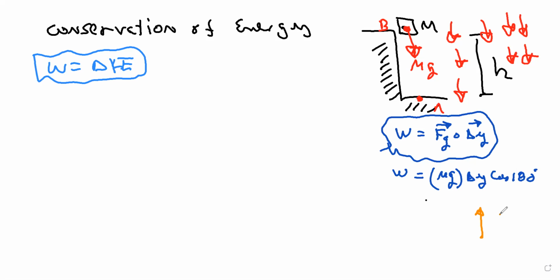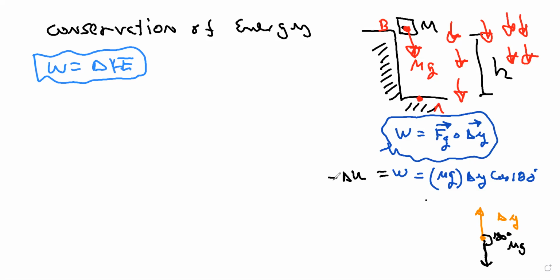because the displacement is this one right here. This would be delta y, and the gravity is pulling down, it's pulling this way. So this would be mg right here, and the angle between these two is 180 degrees. So the work is going to be equal to minus delta U, and this would be the work done by the force of gravity.